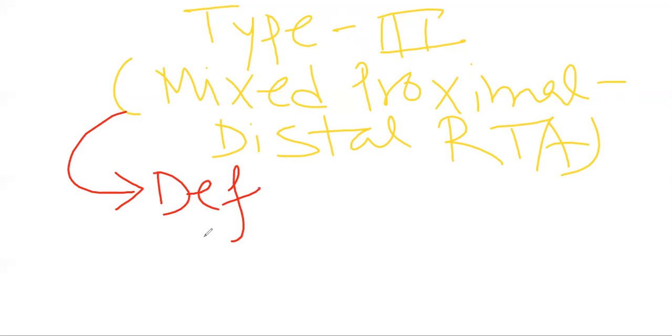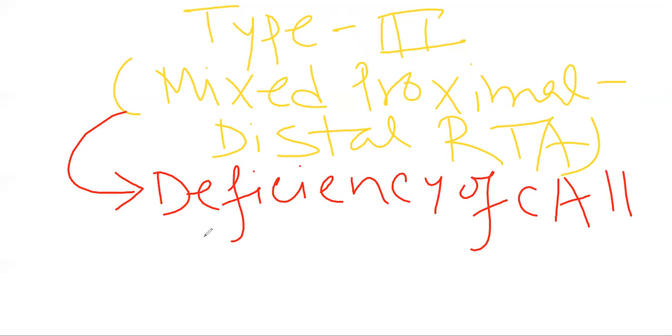So if there is deficiency of the carbonic anhydrase type 2 enzyme in the cell, that will lead to proximal bicarbonate ion leak and distal acidification defect.